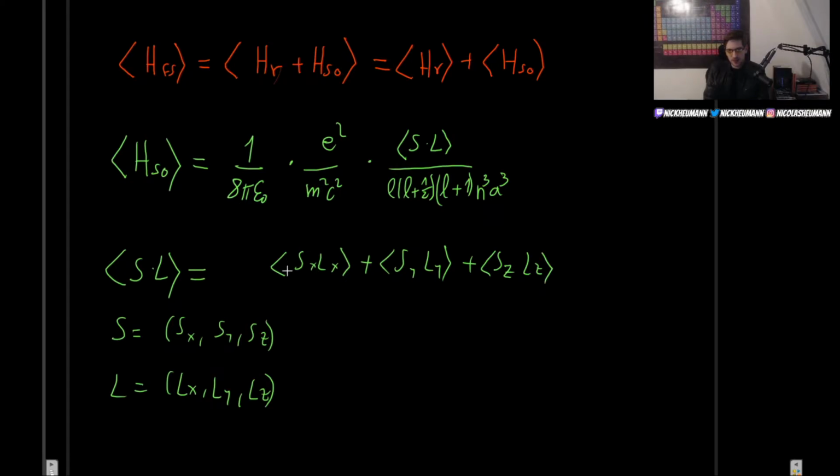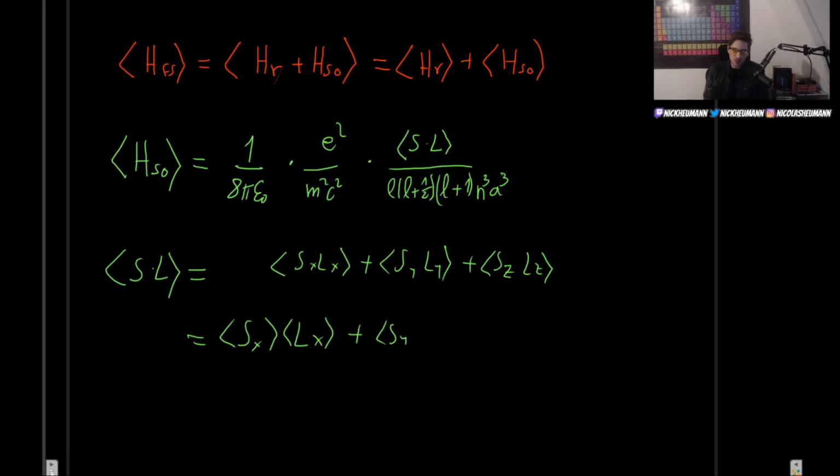And we can separate all of these. So this is going to be the expectation value of Sx times the expectation value of Lx plus the expectation value of Sy times the expectation value of Ly plus the expectation value of Sz times the expectation value of Lz.